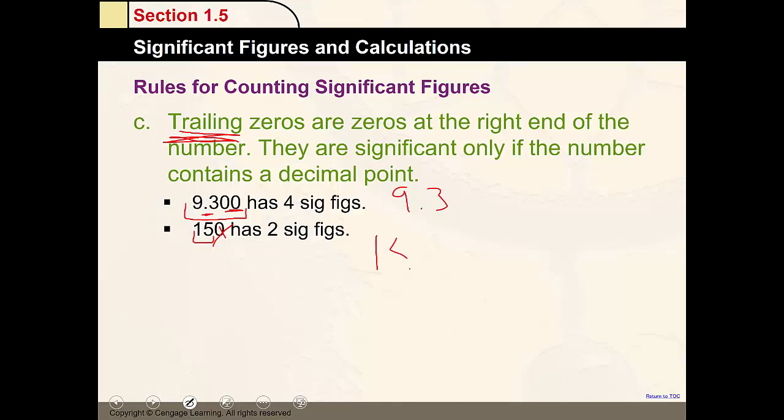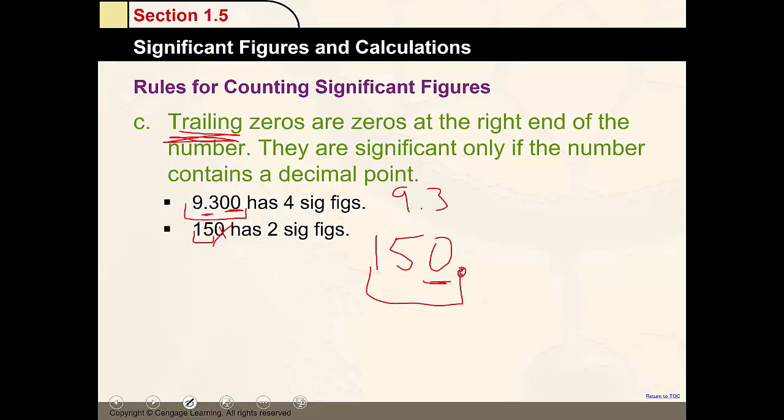Now, if we were to write the number 150 with a decimal point, that means this trailing zero at the end, now there is a decimal point here, meaning now that zero is significant.